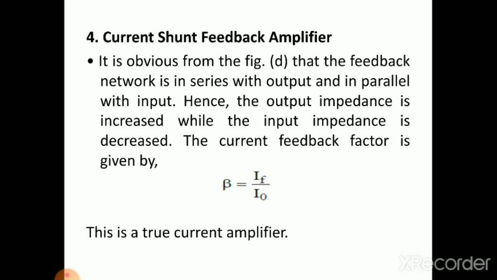So here the input impedance is in parallel with the shunt connection, so the input impedance decreases. That is stated in the first point: the feedback network is in series with the output and in parallel with the input, and the output impedance increases while the input impedance decreases. The current feedback factor is given by If by I naught. This is a true current amplifier.